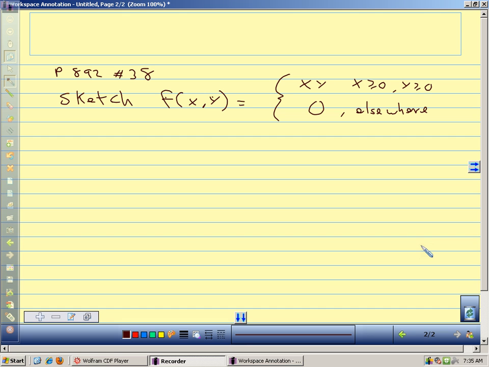So we want to figure out what this surface, what this function is going to look like if we graph it. Anybody have any ideas?